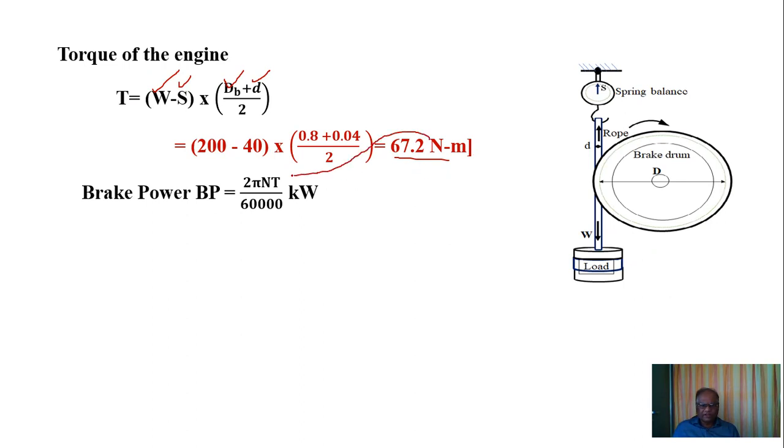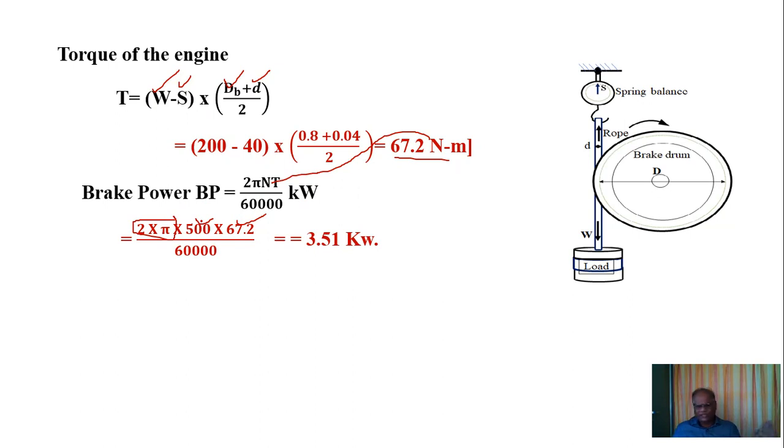Substitute this torque in the brake power equation. This is the speed of the engine, and this is the torque on the engine shaft. I am reminding you, in calculating the brake power, whether it is a 2-stroke or a 4-stroke engine, the speed will be the same.